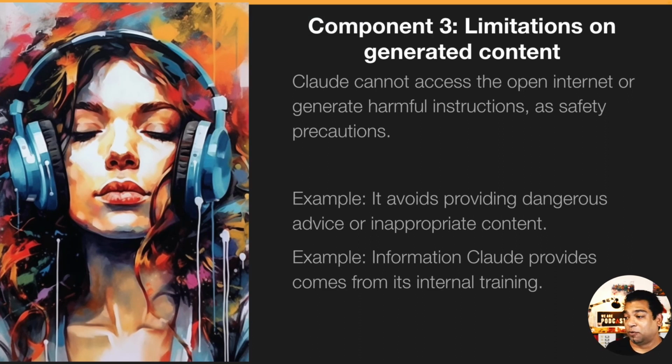For example, it avoids providing dangerous advice or inappropriate content. We mentioned that in the principles, but also information Claude provides comes from its internal training and is not open to every piece of information on the internet, which brings bias into play, which is kind of an important topic.